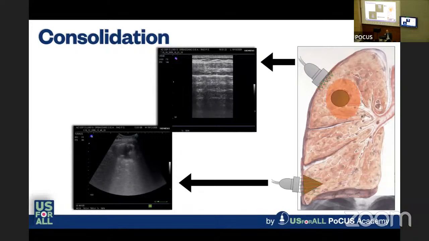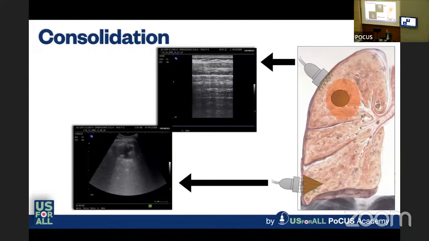So we can only image the conditions that are represented in the lung periphery. For instance, we will not image a cancer of the lung that is limited to a deep area of the lung.